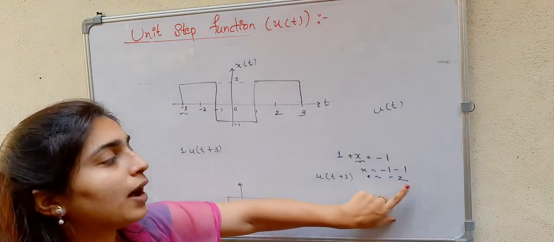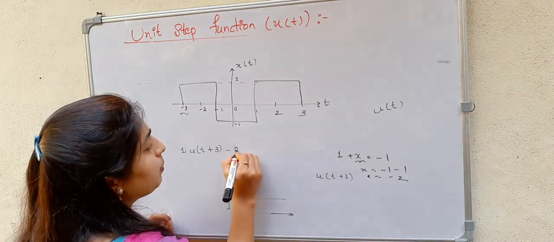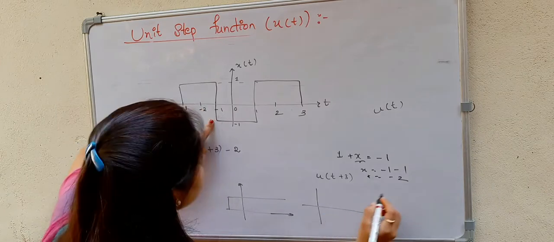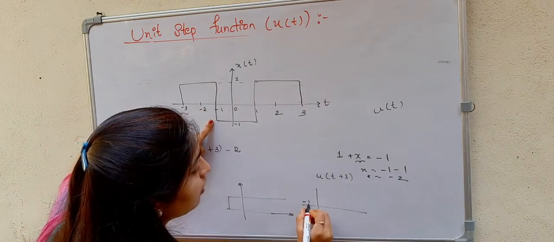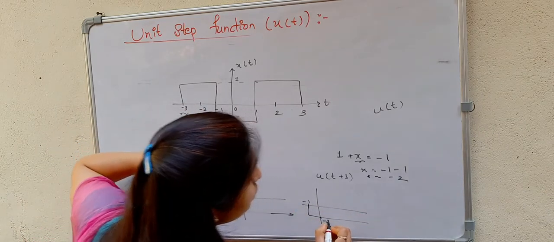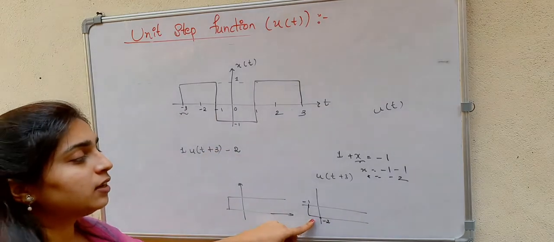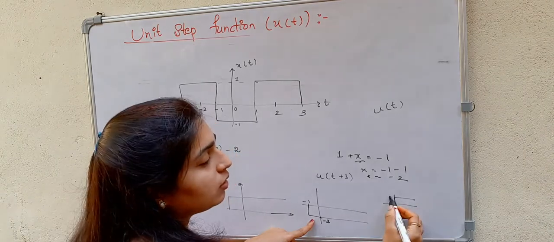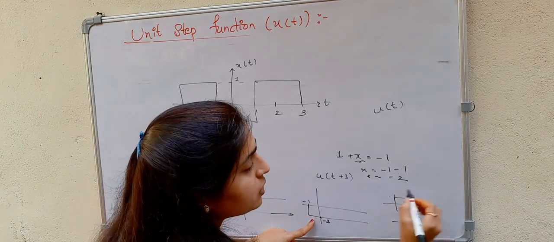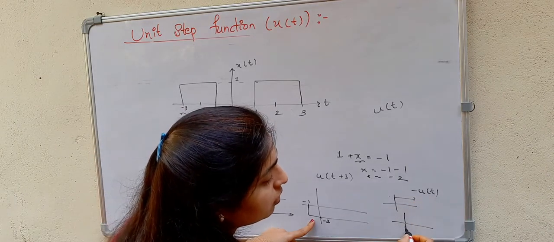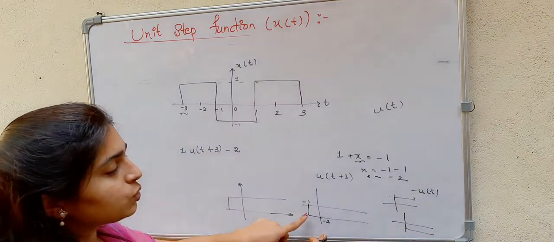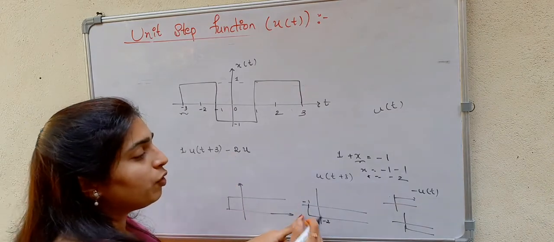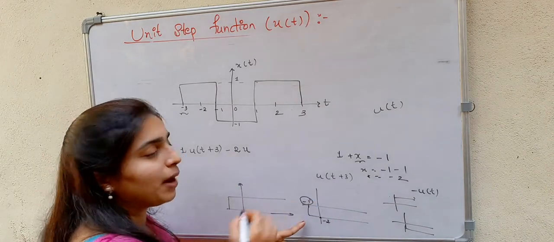That means I have to add minus 2. Next, at this point the value should be minus 2. So what is this? This is an amplitude reversal, right? u of t is like this. Minus u of t will be equal to this. So that is reversal. So this is minus 2 u of, from where it is starting? It is starting from minus 1.